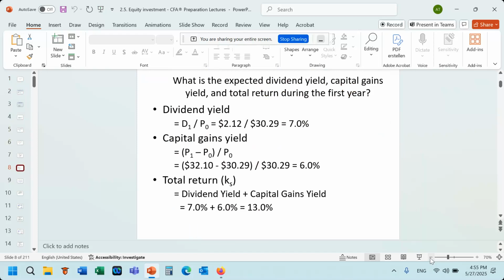But if we were to calculate it in a CFA problem, we calculate capital gains by saying price at time one minus price at time zero divided by how much we pay to purchase the stock at time zero. 32.10 minus 30.29 divided by 30.29 is 0.06 or 6%. Total return is, of course, capital gains return plus dividend return. So this stock is paying us 13%.